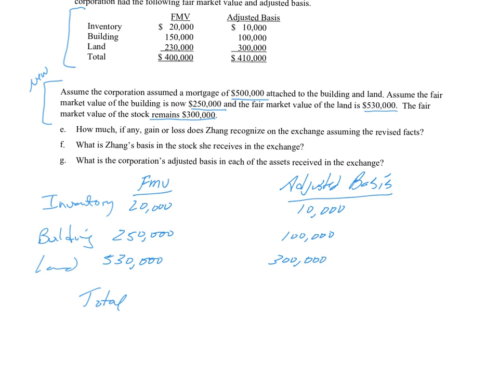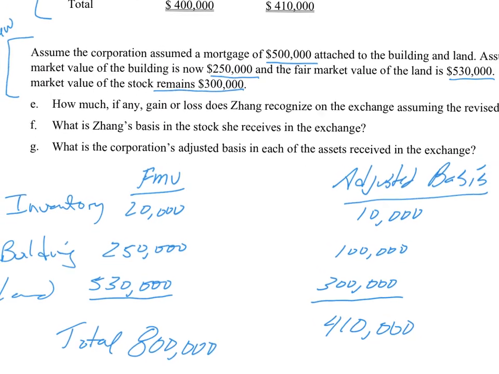So what does that do for us from a total perspective? Well, we need to recalculate those. All right, so as we recalculate those, we get a fair market value of $800,000. Our adjusted basis is still $410,000, okay? And so now we've got these revised facts. And so now let's look at our parts.